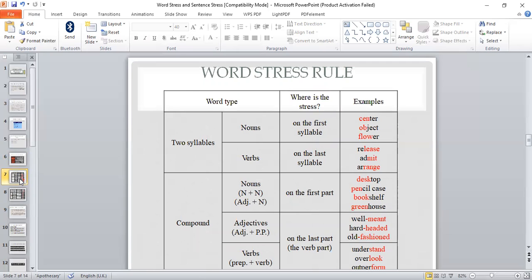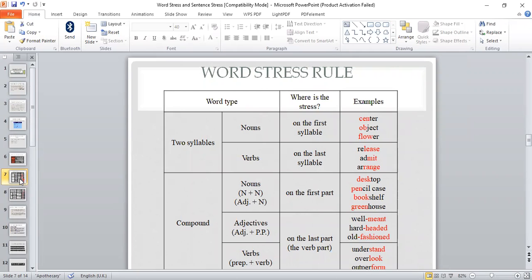So almost everything that you have to do in the English language, you must follow the rules so that you can do it rightly. Now, when it comes to stress, what are the rules that you have to follow such that these rules will guide you and you can continue to pronounce words rightly? Now, the first column that we want to look at is the word type.